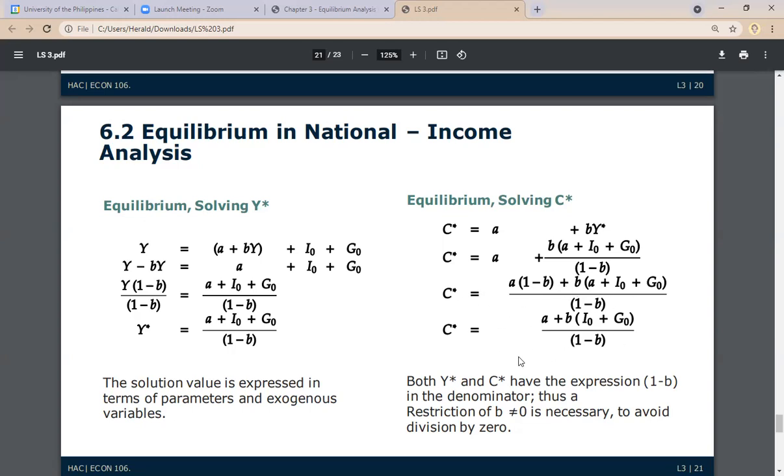Then again, substituting y star into the consumption expenditure, we have C star already. One thing to take note of as well is that the denominator, class, or the restrictions here, should be that it will not be equal to 0.